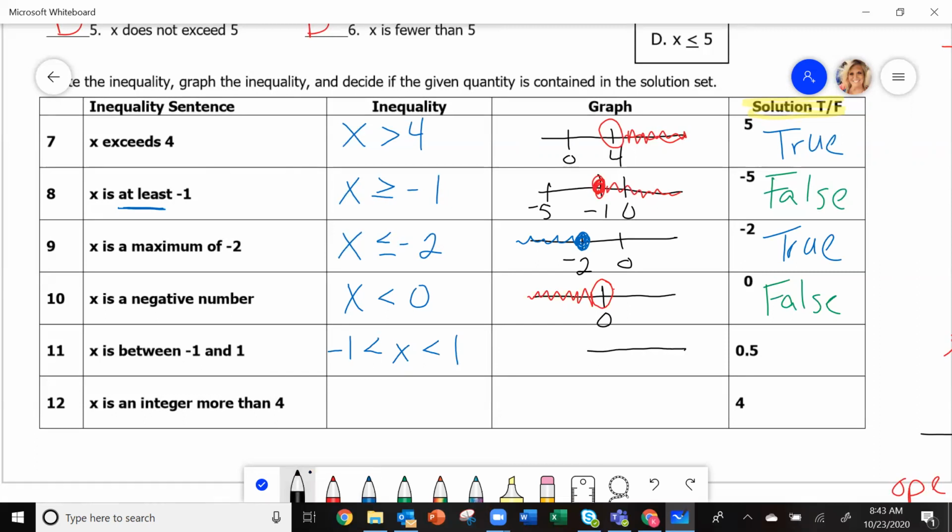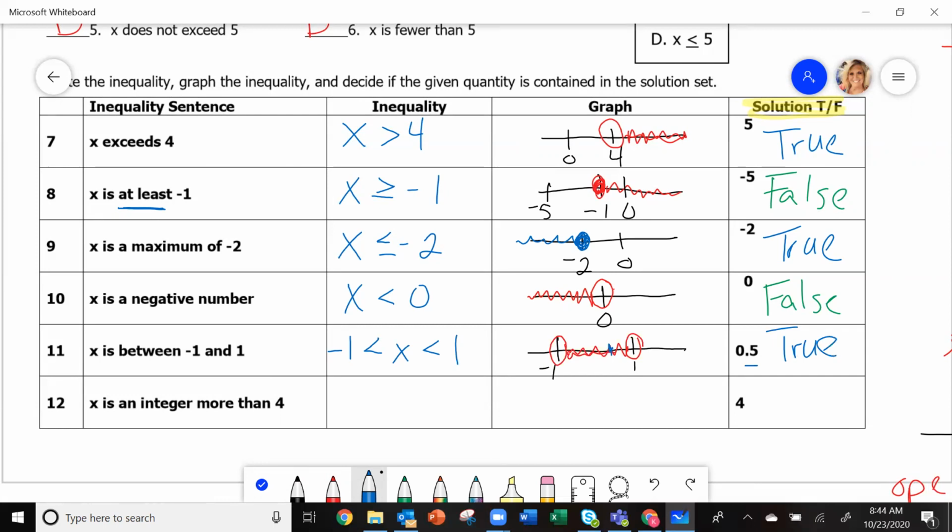So the way we graph this, we've got -1 and 1. First off, it doesn't have equal to, so they are open circles. If they are between, we shade in between. So the solutions are anything in between -1 and 1. Is 0.5 in there? Yeah, it's somewhere in the shaded area, so this is true.